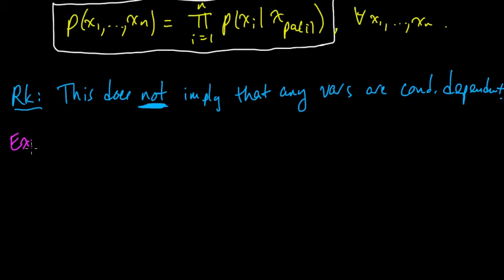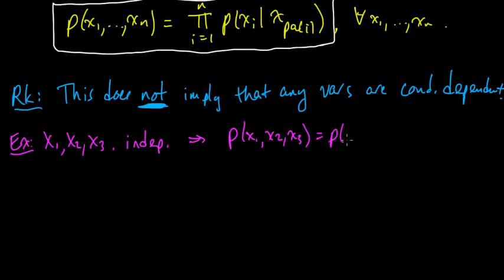So here's an example. If we have x1 to xn, let's just make it x1, x2, and x3. You can generalize it. Let's suppose these are mutually independent. Well then, of course, their joint distribution of x1, x2, and x3 equals the product: probability of x1, probability of x2, probability of x3.